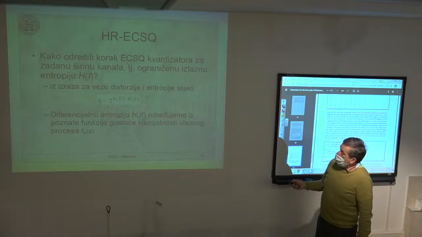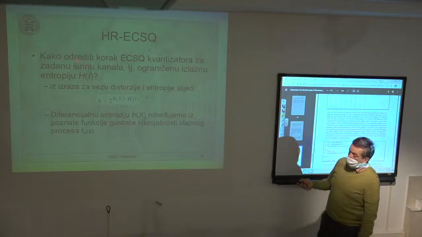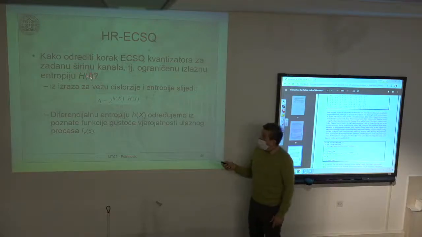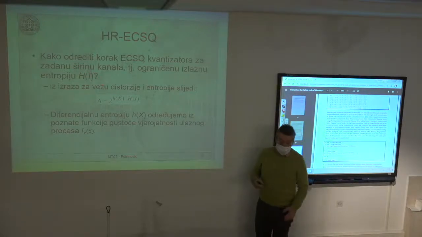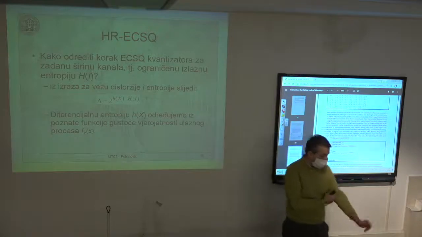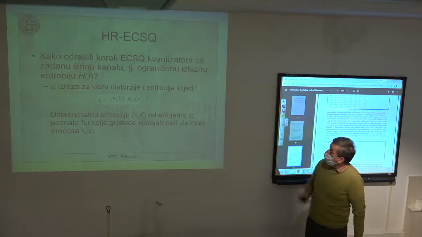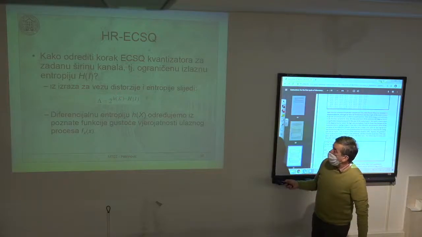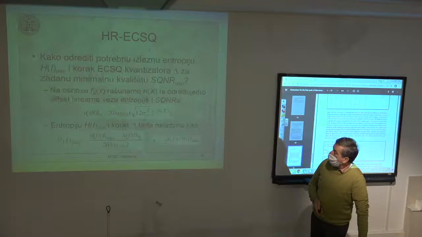One is, suppose that we have a channel with a given capacity, and we want to find what is the necessary step size such that the entropy of output indices is smaller than the channel capacity. I have simply to compute this difference, differential entropy minus available channel capacity, take base 2 exponents, 2 to the power of this difference, and we have the required step size.